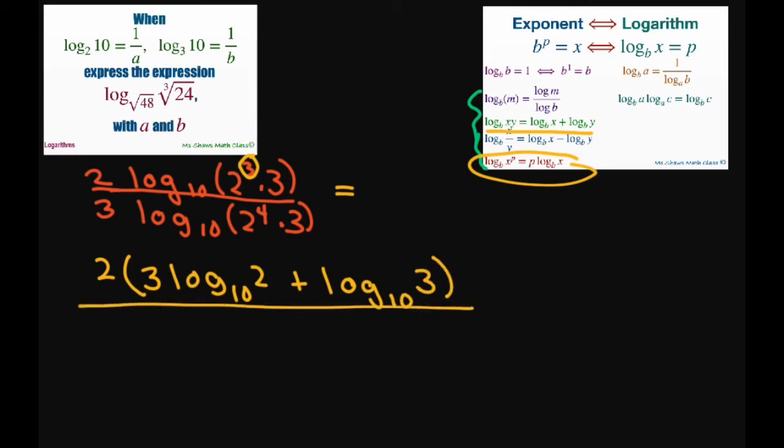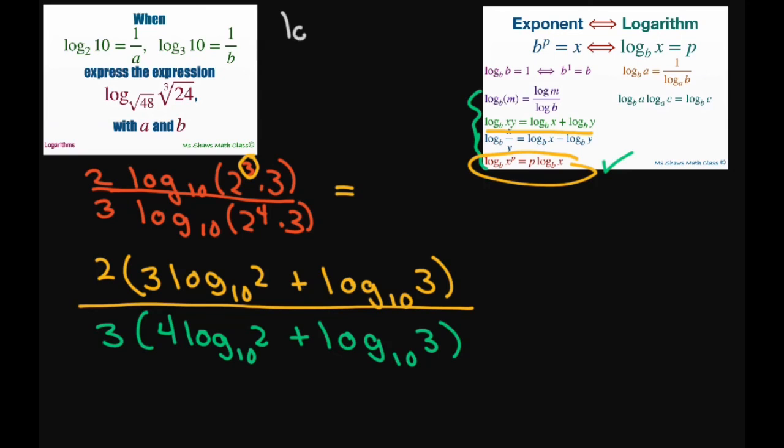For the denominator, we had a 3, and then we're going to have log base 10 of 2 to the power 4, but instead of putting the 4 here, put it in front using your power property. And then plus log base 10 of 3. Before, I'm going to write this again.